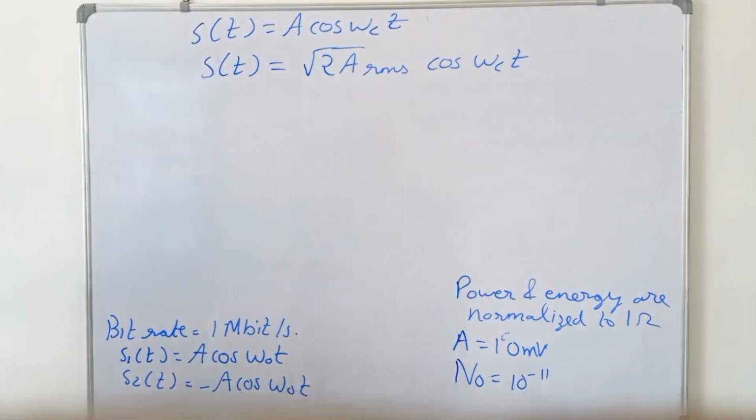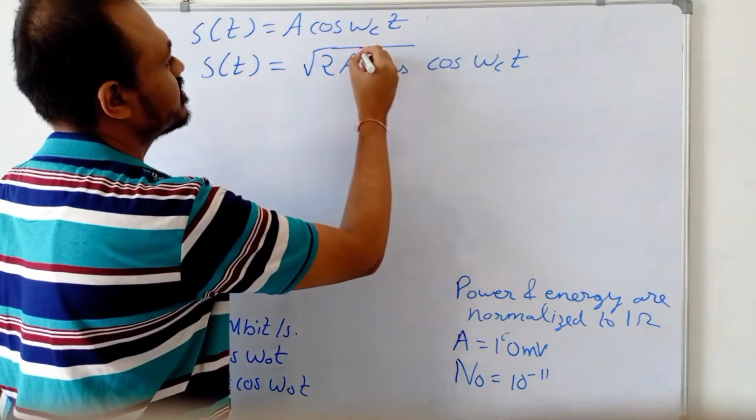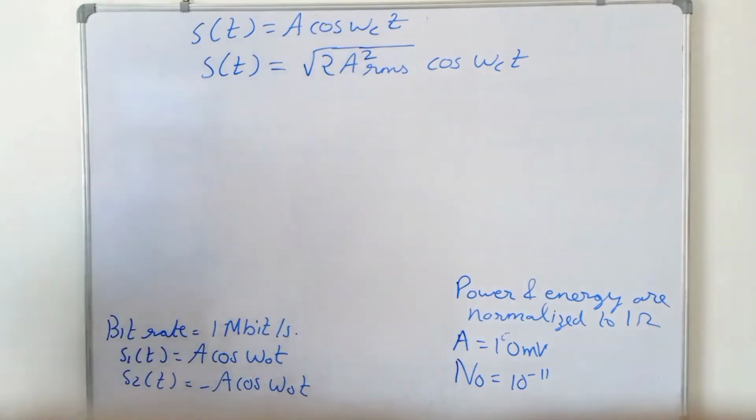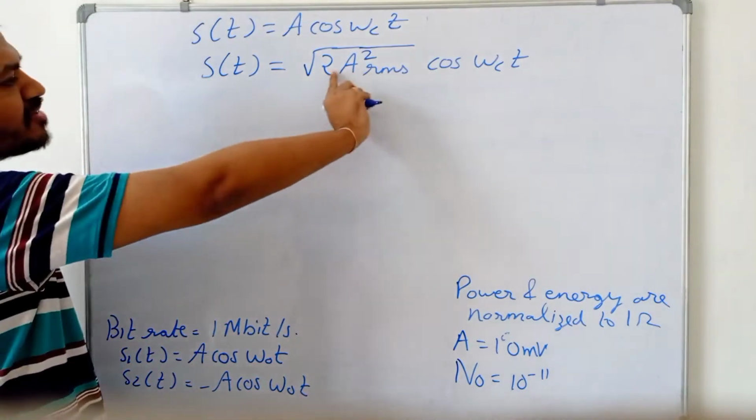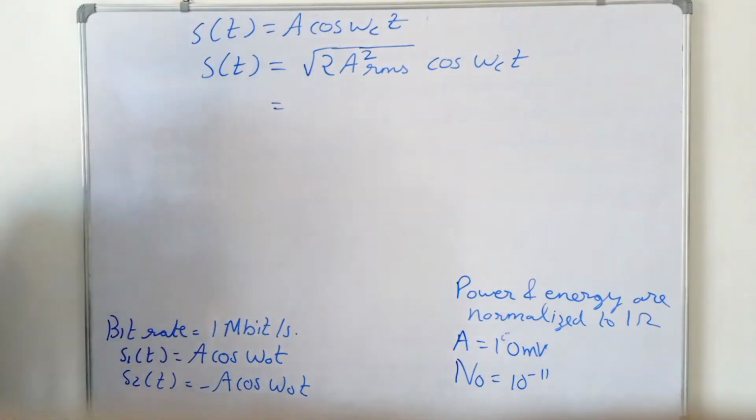Because A equals root 2 A RMS, we can write it as root 2 A RMS squared cos(omega c t). If this is a voltage or a current waveform, then A RMS squared denotes the power of the signal.